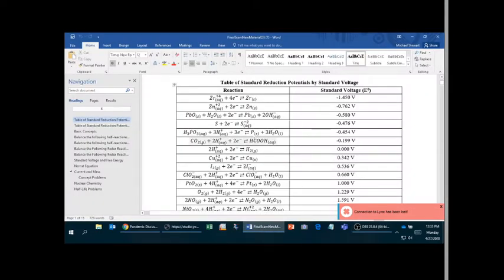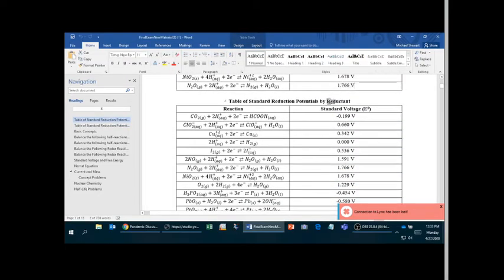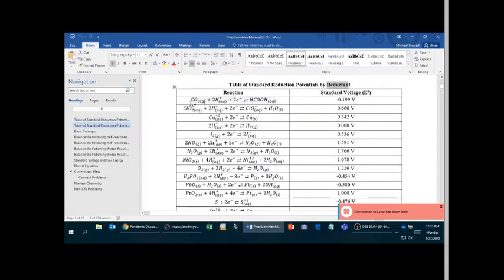Now there are 2 types. There's standard potentials by standard voltage, arranged so that the most negative voltage is on top and the most positive voltage is on the bottom, and then by reductant, which is an alphabetical listing of the elements: carbon, chlorine, copper, hydrogen, iodine, nitrogen, nickel, phosphorus, etc.